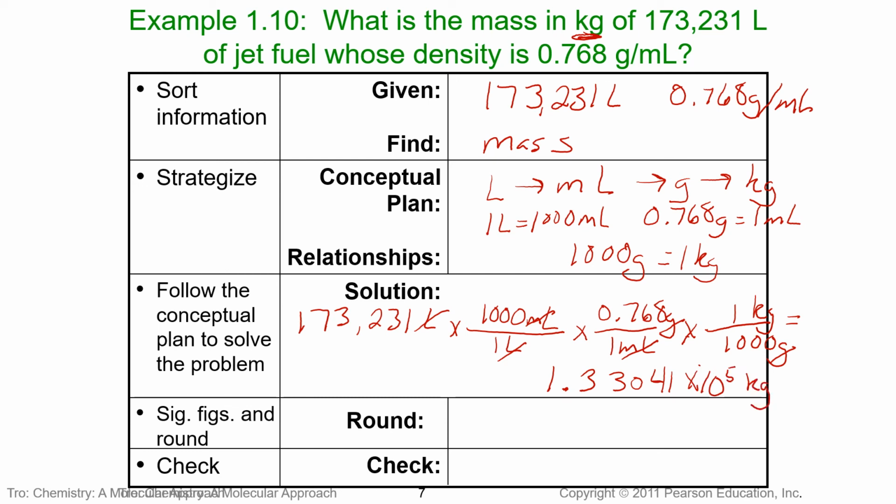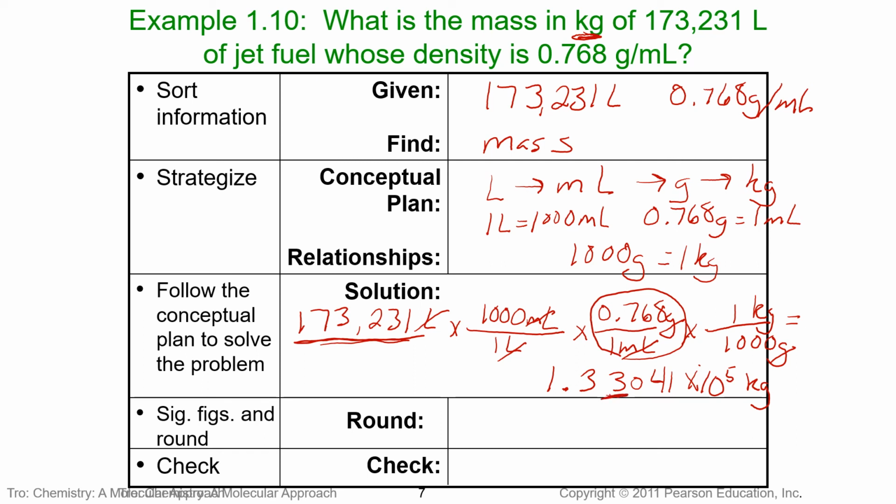kilograms. How about our significant figures when we're rounding? Normally we look at our first value, here we have 6. We know that the milliliters and liters conversion is exact, and the grams and kilograms is too, but our density is a measured value. That's something that is determined, so this only has 3 significant figures.